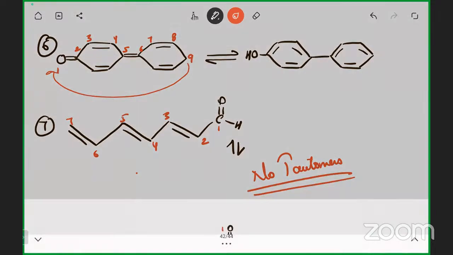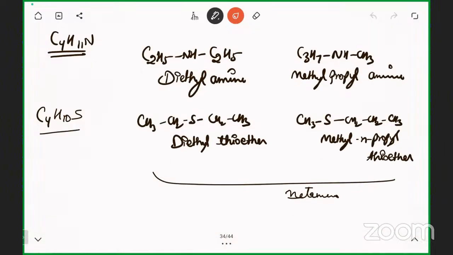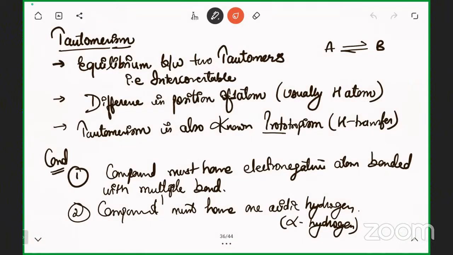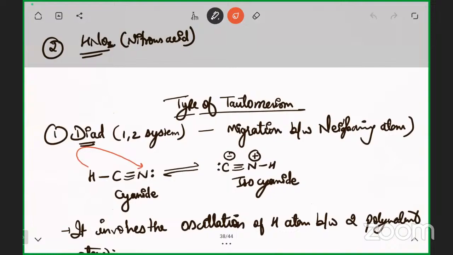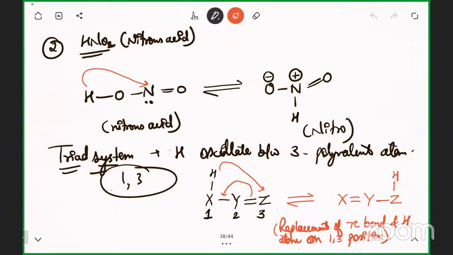See, let's revise within 5 minutes. From here, first we have done the diad system, HC triple bond N. We have transferred one hydrogen to the neighboring atom, so we are saying it is a diad. Then we have discussed the nitrous example also. Then the triad system, there was 1-3 transfer, 1-3 oscillation between the 3 polyvalent atoms, and there's replacement of pi bond and the hydrogen atom in the 1,3 position.